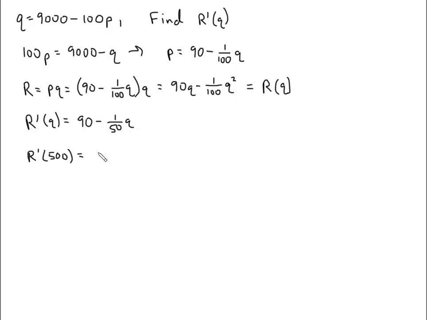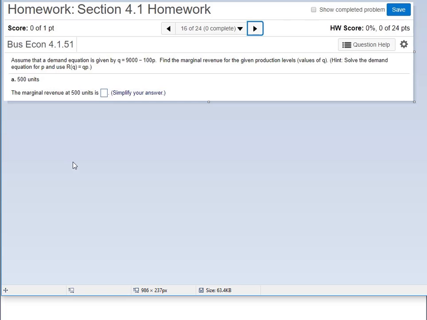Okay, so we plug in 500, we get 90 minus 1 over 50 times 500. Okay, 500 over 50, that's just going to be 10, so we'll get 90 minus 10, so 80.